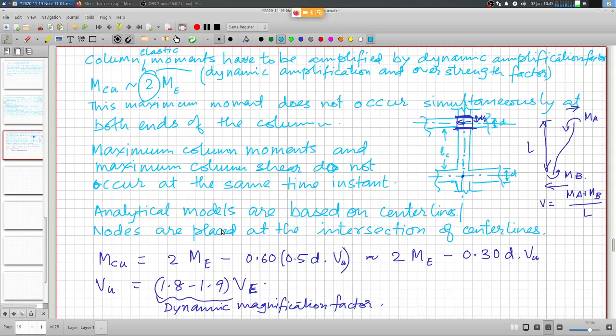Now, we discussed seismic design of beams and the seismic issues in design of columns. That leaves us with the issue of the beam column junction, this critical beam column joint.